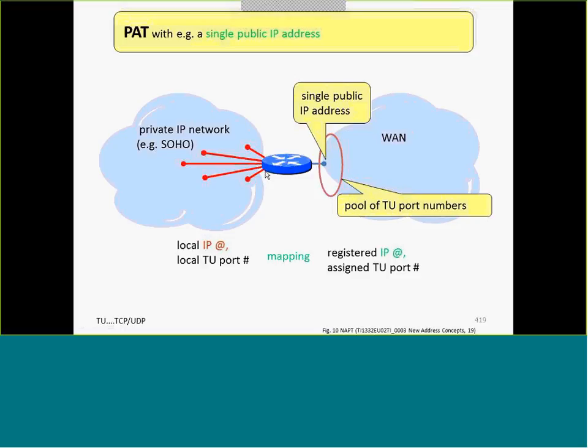This way you don't need a big pool. You can just give one or two public addresses and have them mapped to a single public address. But if all of them are working at the same time, there will be a lot of delay here, right? It will send all the packets to the same address.